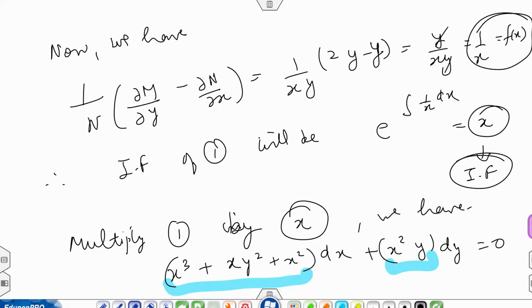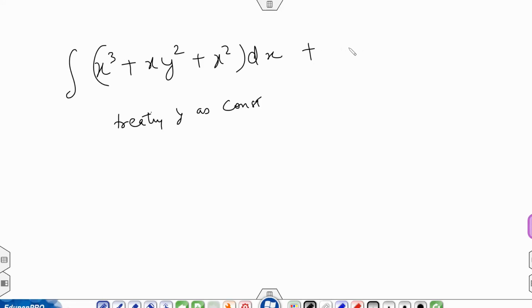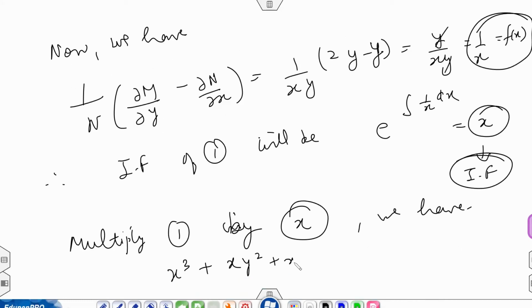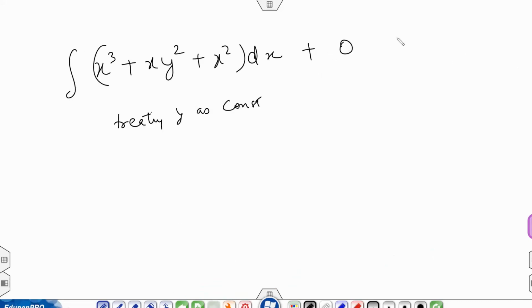So for the exact differential equation, what will be the solution? Integration of m dx, treating y as constant, plus those terms in n that are free of x. So here we don't have any term that is free of x, so here we will take it as 0, equal to some constant.